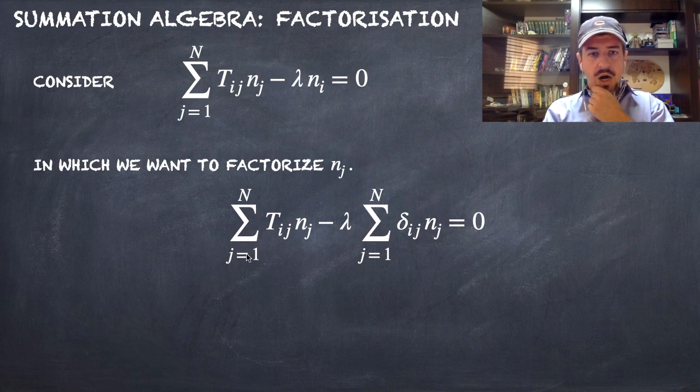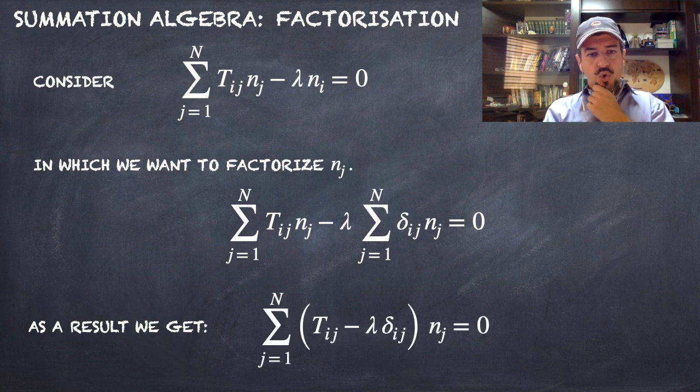Both sums are over the same j from 1 to n, so we can write it as only one summation, and the n_j can be written here, and the term is going to be T_ij minus lambda multiplying delta_ij, all these multiplying n_j. So we just did our purpose, we factorized the n_j term.